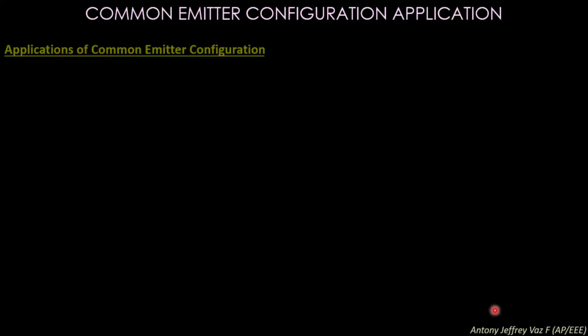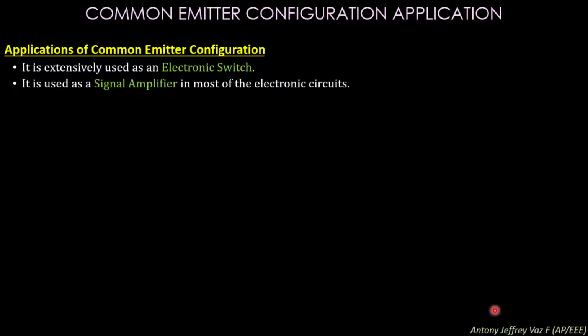The main applications of common emitter configuration of a transistor are: it is extensively used as an electronic switch and as a signal amplifier in electronic circuits. So the two main applications are electronic switch and signal amplifier.